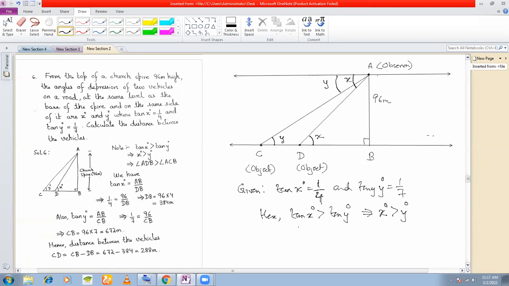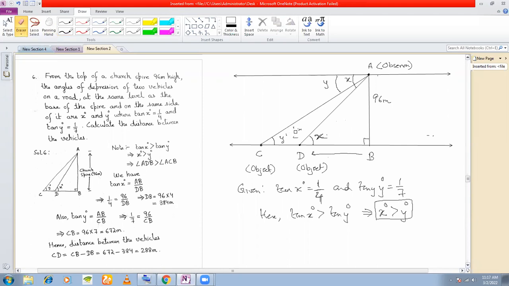So in my diagram, is x degree greater than y degree? Yes, because you see this is the closer angle nearer to B. So this must be the higher angle, as I told you that rule, and this must be the lower angle, right? So is y the lower angle? Yes, x degree is greater than y degree. So we have labeled it correctly.